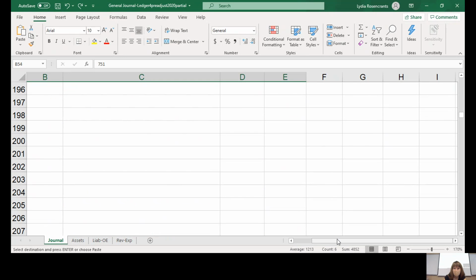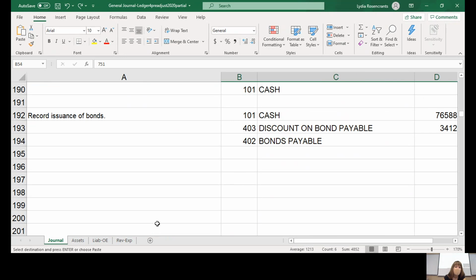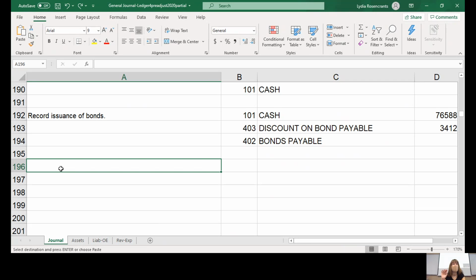I'll just do both of them. And I could just do 4,000 total, but it's going to be a couple weeks before you go back to this and you'd be like, where did the 4,000 come from? It's 2,000 up there. I'd rather just do each one individually.